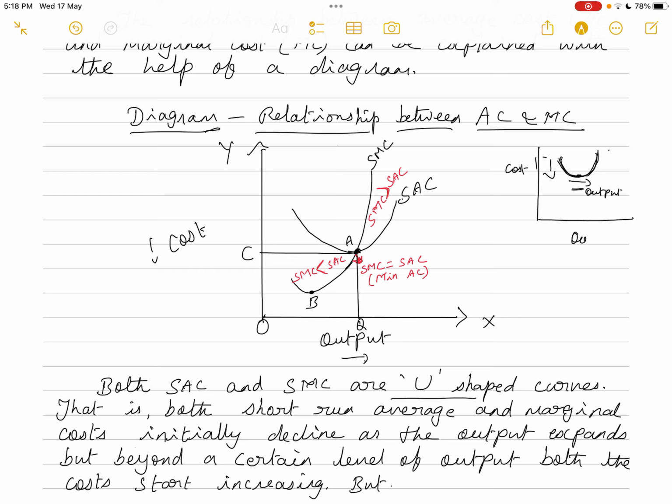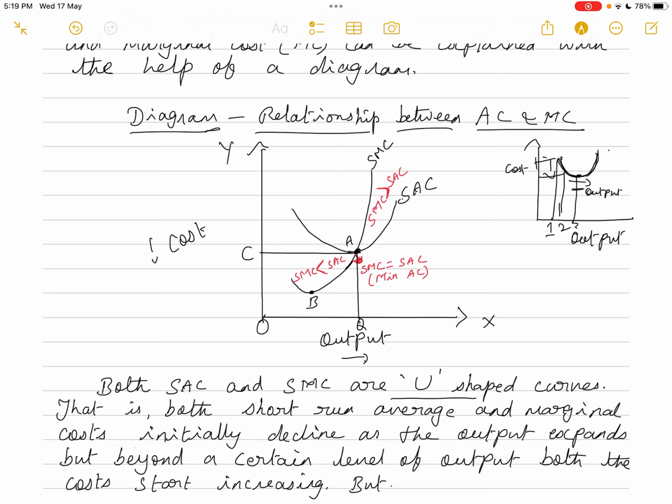Now what is happening? When the output keeps on increasing, the initial cost is high, and this is 1 unit of output. When the output increases to 2 units, you can see that the cost is decreasing.